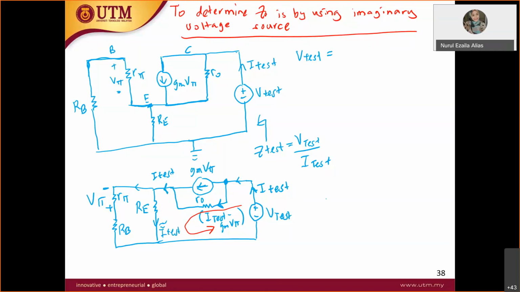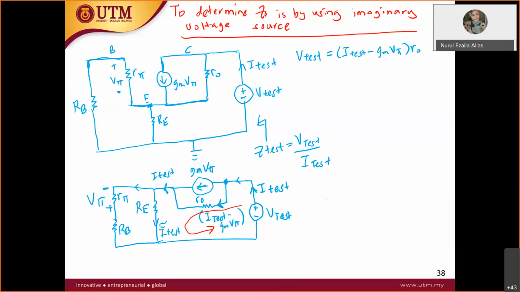So V test is equal to the voltage across R naught, which is the current I test minus GMV pi, times R naught. What else is the voltage?